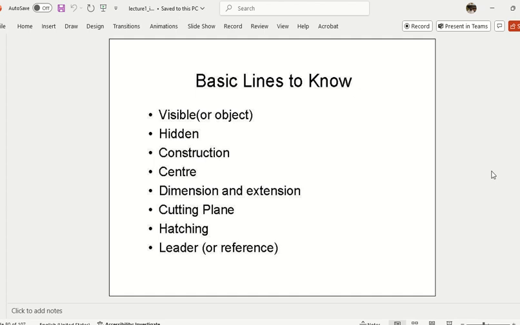Okay, then we have the cutting plane, right? So I told you there are three types of 2D drawings: plan, elevation and section. Section tells you what is inside.